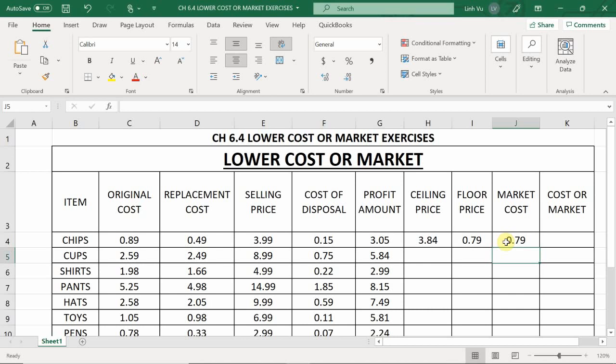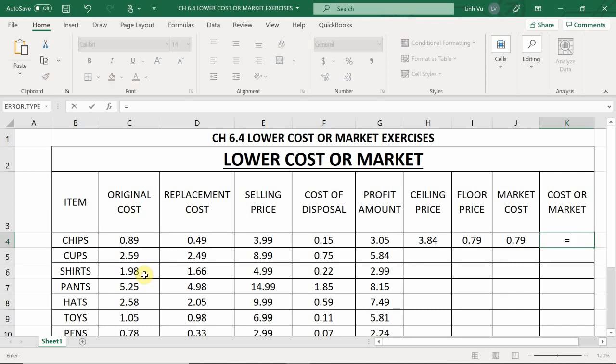It's the middle number. So the last question is, which is lower? My original cost of 89 cents or my market cost of 79 cents? Market is lower.